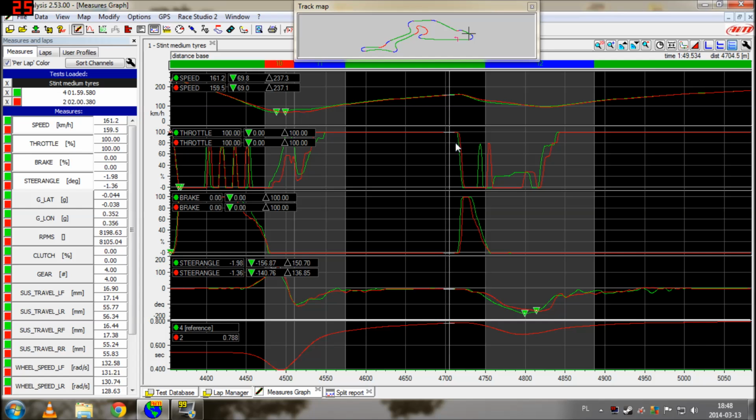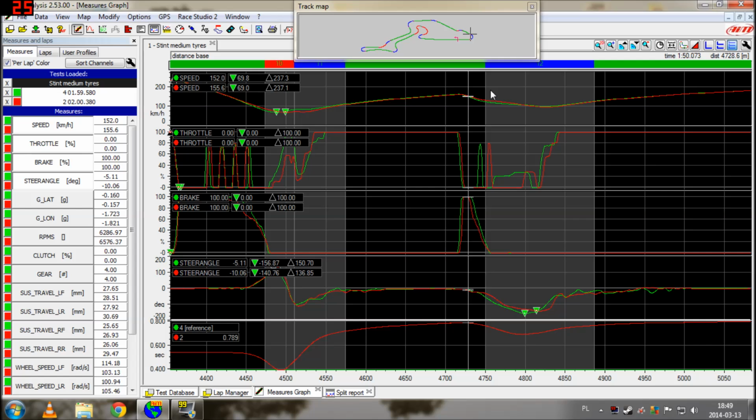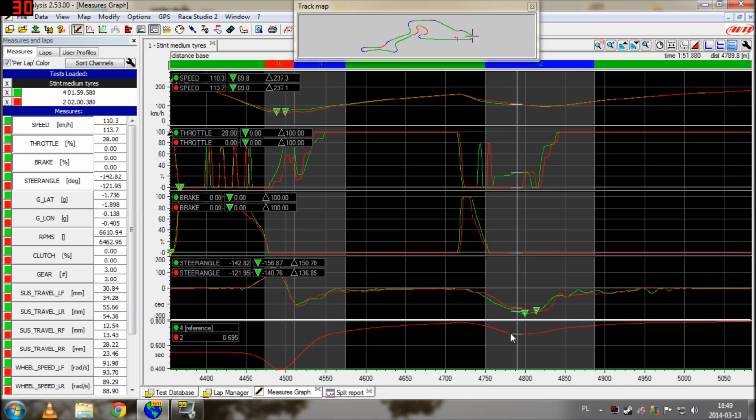I start braking earlier on the green lap, and again for the first part of the corner I carry more speed on the slower lap, that's why the gap goes down. But again, my throttle application is better on the green lap. It's not perfect, but it's better than on the red, and that's why again I gain here.